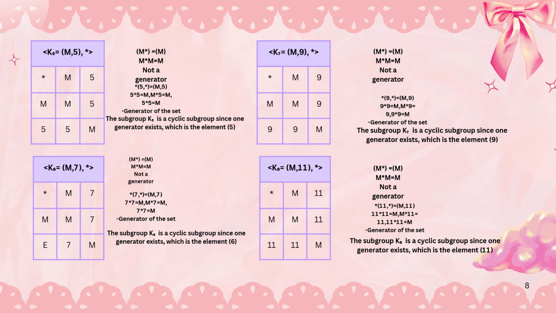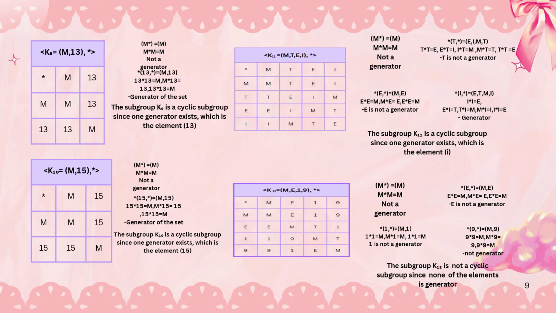The same with case 8, with the elements M and 11, where the generator of the set is 11. So this subgroup is cyclic. Next, we have case 9 and case 10, which have their own generators. On case 9, the generator for this set is 13, while on case 10, the generator is 15.